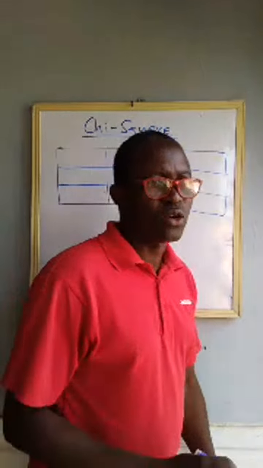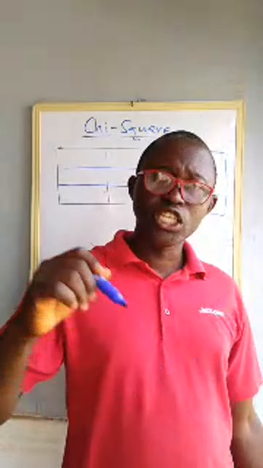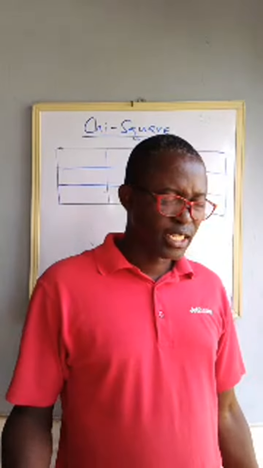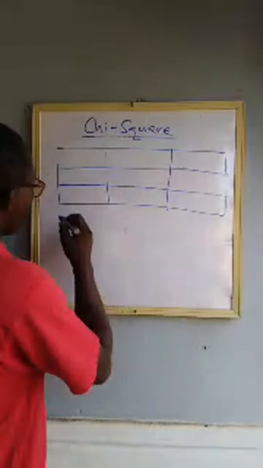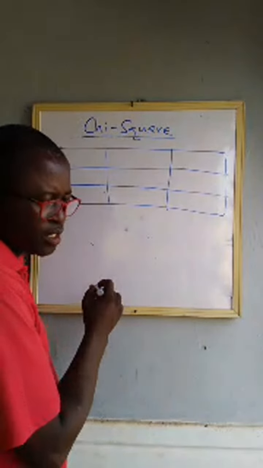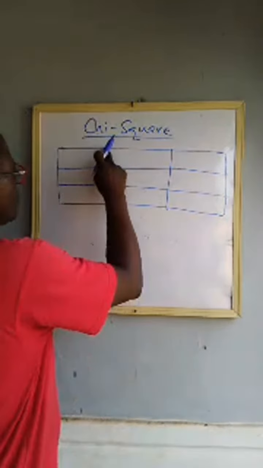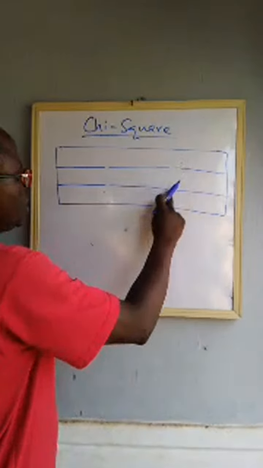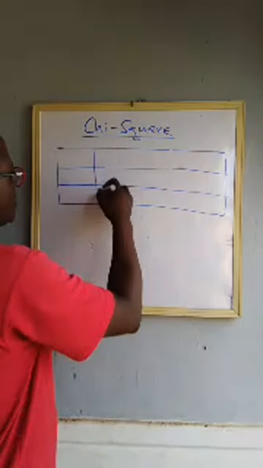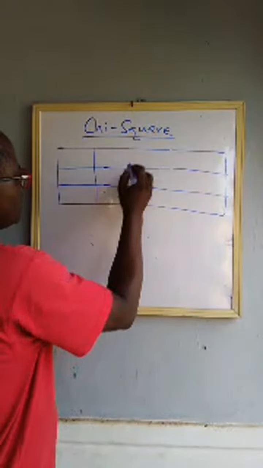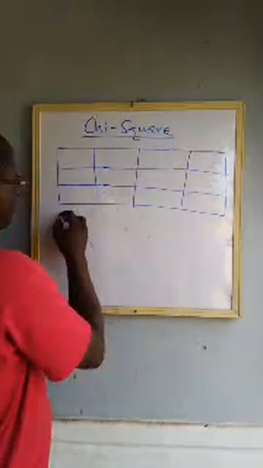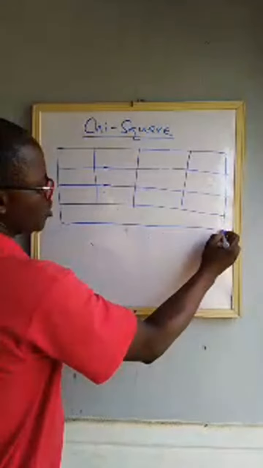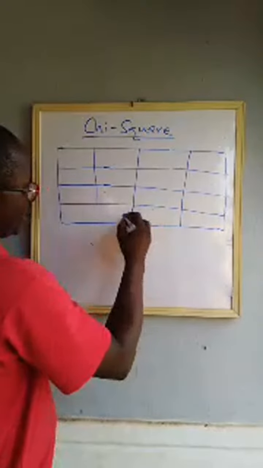In this table, we are going to show what will be in each of those boxes, like the 6 boxes that we have now. We should have 8 boxes, not 6. And then also here, because we are going to have the total.